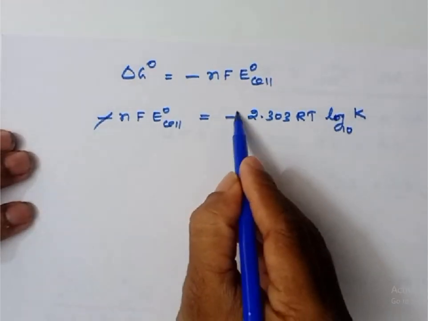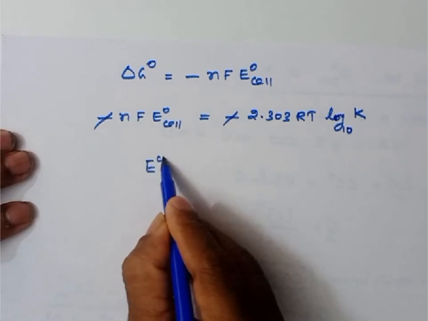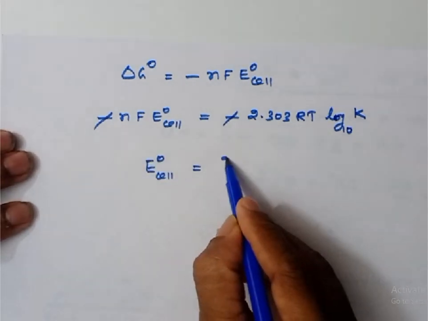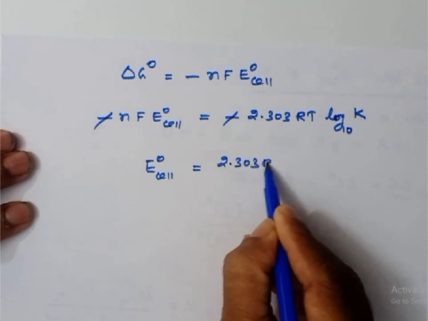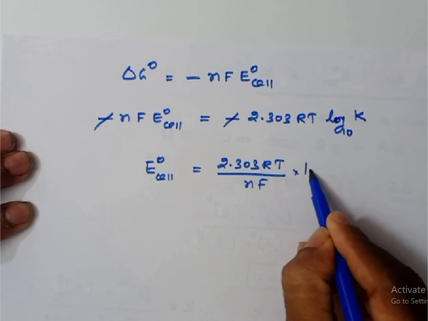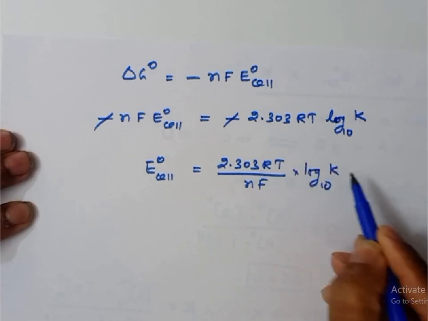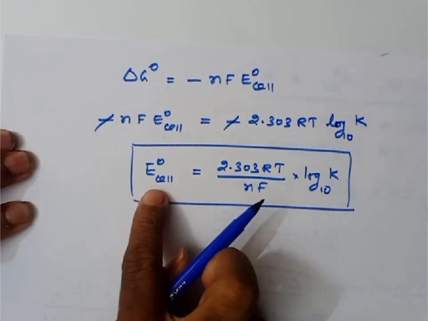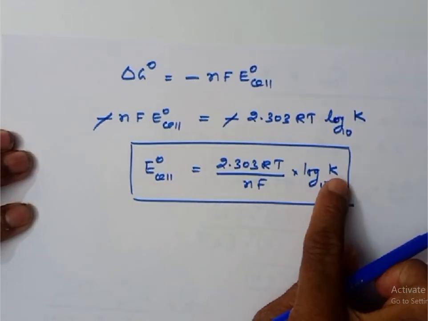This minus and n cancel. So what is E naught cell? I'll bring this nF to the right hand side. E naught cell equal to 2.303 RT by nF log base 10 K. This is the relation between standard cell potential and equilibrium constant K.